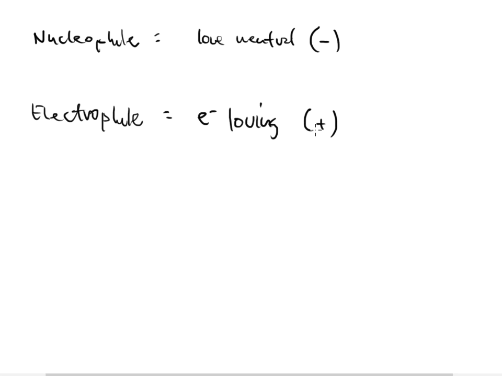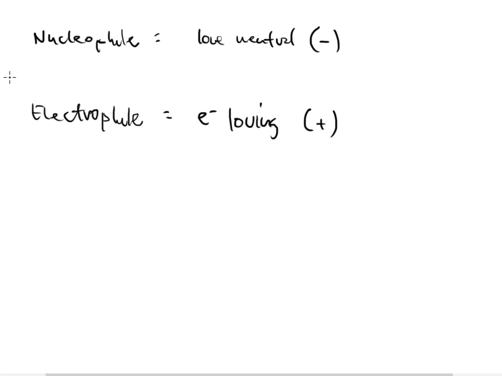That makes sense. Positive pieces attract negative pieces, and those negative pieces could be electrons, and that's why we call them electrophiles by definition. Okay, so nucleophile and electrophile come together and they form a relationship, and a reaction happens and we get products.